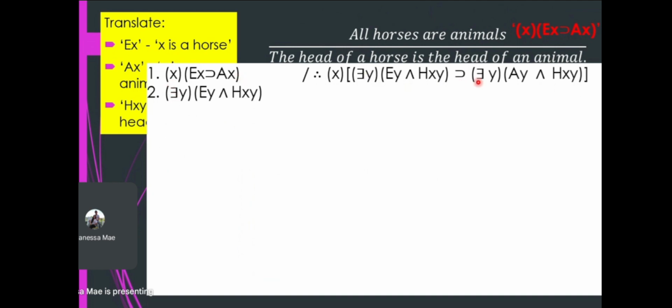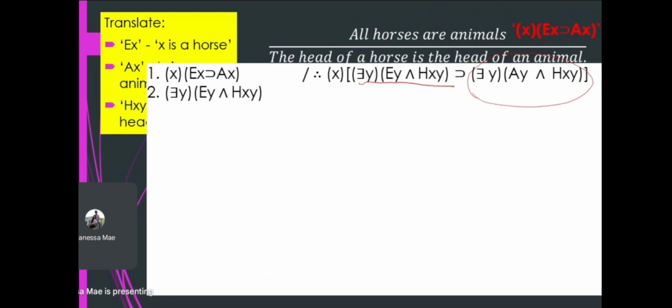To obtain the conclusion, we use the rule of conditional proof by taking the premise of the conclusion. Remember, we discussed RCP, the strengthened rule of conditional proof, which is not used here. So for this premise, we applied universal instantiation and dropped the quantifier, leaving only the rest. Meaning, our target to obtain is this.